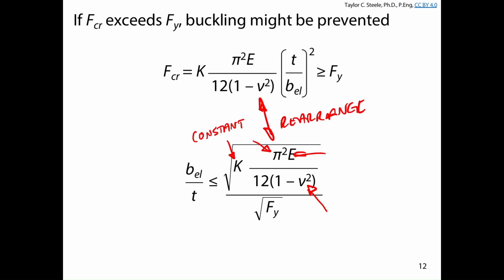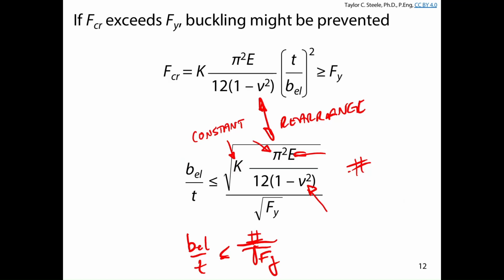And so these properties do not change with structural steel strength or grades. The only thing that really changes is Fy. And so what we end up with here is basically just a number. That number is a constant that depends on K, and K can be different depending on the different situation. So basically what that means is that b_el over t has to be less than or equal to some number divided by the square root of Fy.